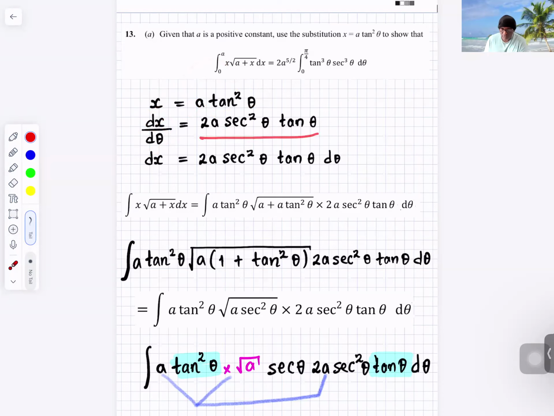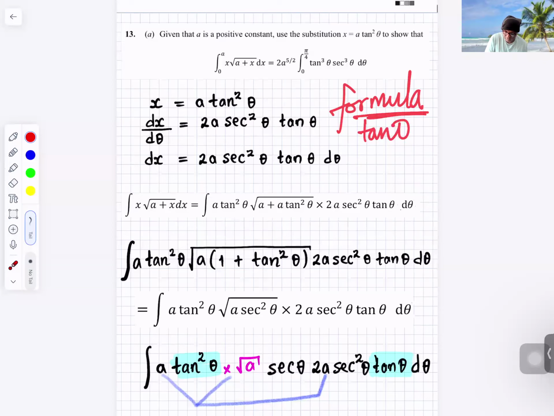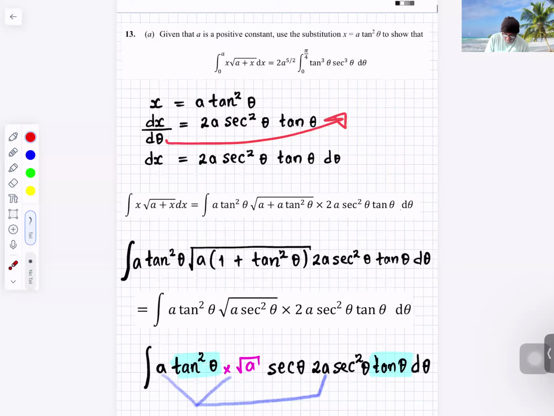So it becomes 2a sec squared theta tan theta. And you can use your formula book. The formula book will show you how to differentiate tan theta. And then now we'll make dx the subject. Take d theta to the right. So dx is 2a sec squared theta tan theta d theta.